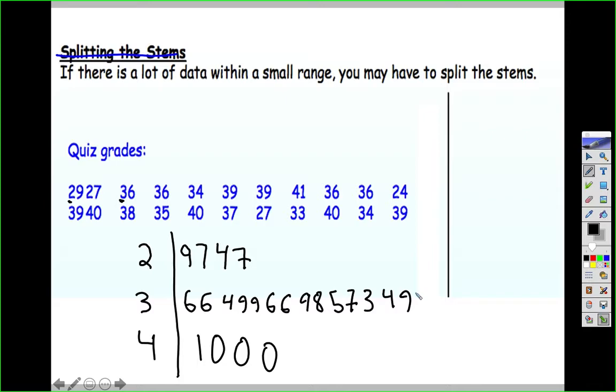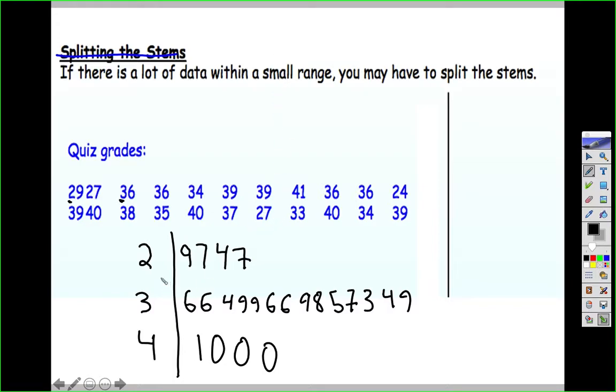So what I did was I separated stems and leaves and then just put all the leaves where they would go. So again, how you read this is your stem. This is the 20s. So 29, 27, 24, 27. So it's very quick to see the numbers.